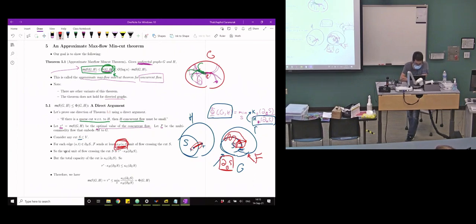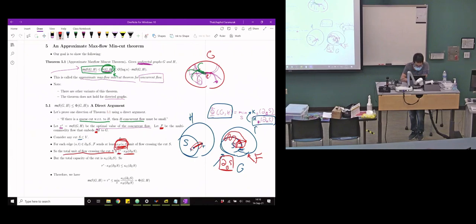So the total flow crossing this cut in G must be at least this. Note that F satisfies each demand after scaling by tau star. So the total flow crossing the cut is tau star times the demand.